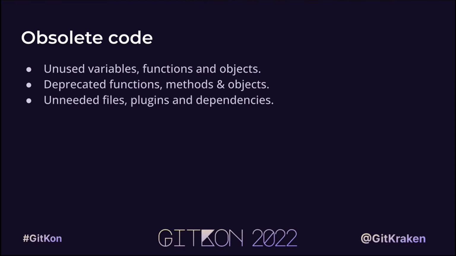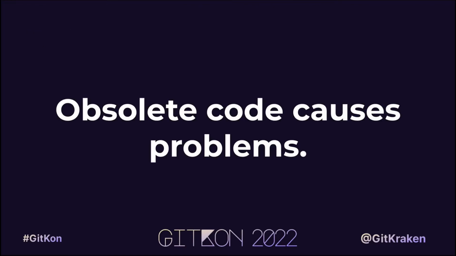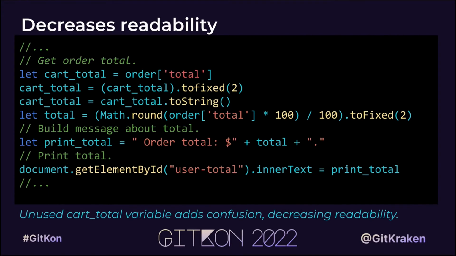Or then there's whole sets of files, old CSS, old JavaScript, third-party plugins and dependencies that are no longer needed or don't serve a purpose or meet the needs of the code base or the project. These are all examples of obsolete code. Now, having obsolete code in your project doesn't necessarily mean it's detrimental, but most obsolete code can cause problems in an active code base. What sort of problems can obsolete code cause?